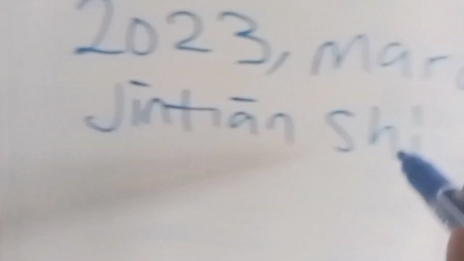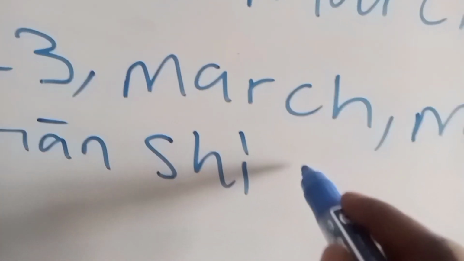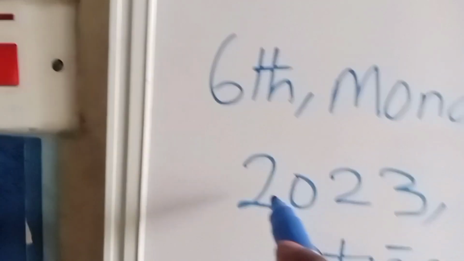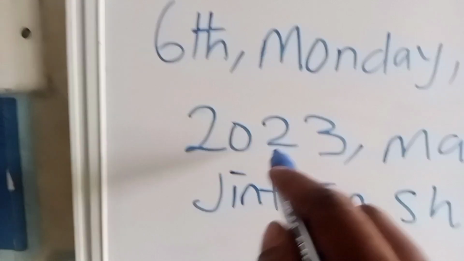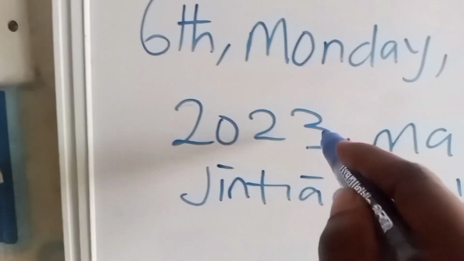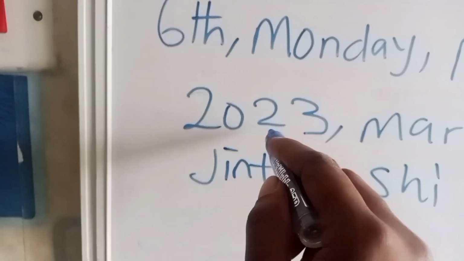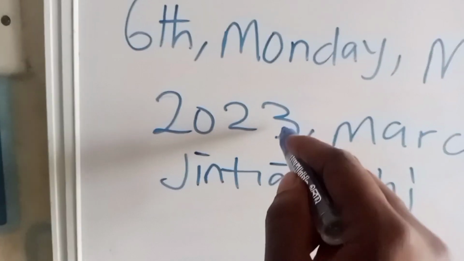今天是. You write this. 2023 in Chinese, they say their year. If you're saying this in Chinese, you don't say 2023. You say 2, 0, 2, 3. 2 is er, 0 is ling, 2 is er, 3 is san.